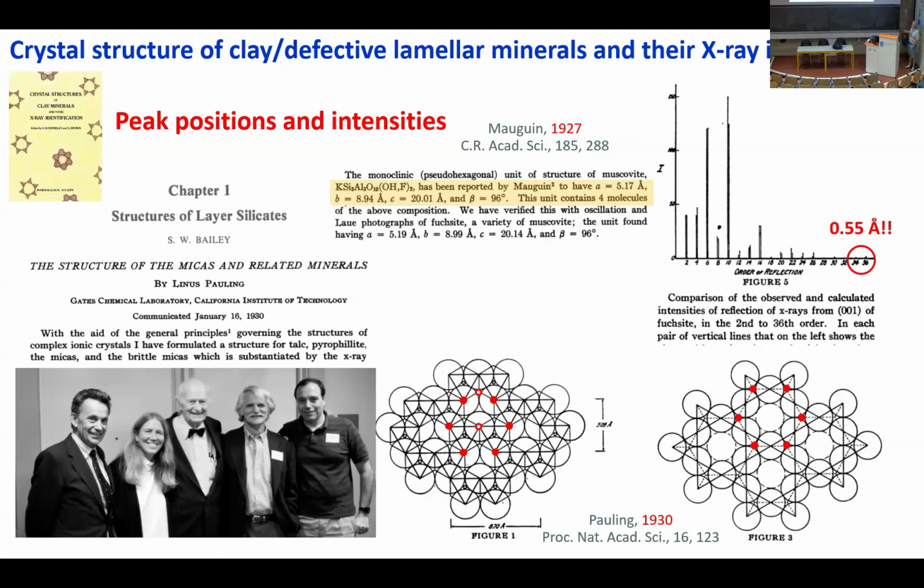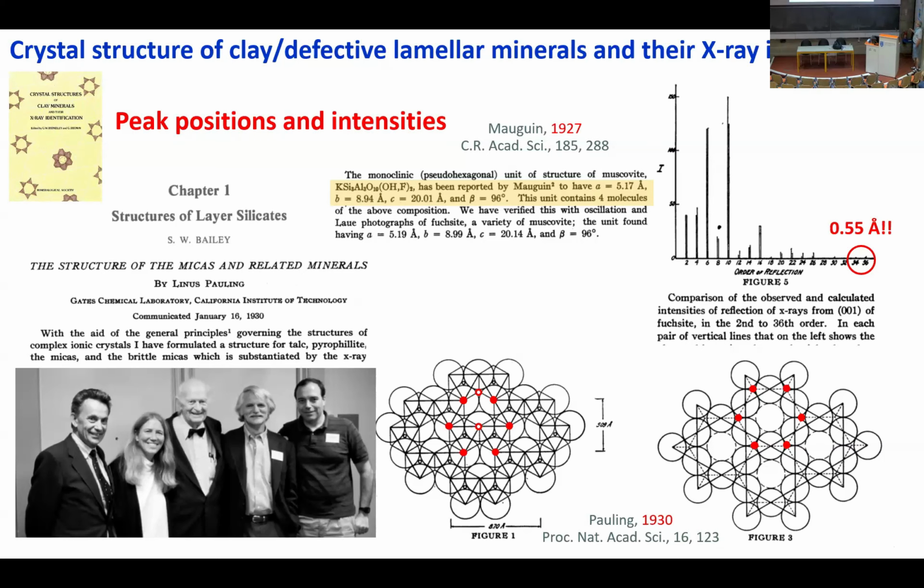This is from that specific book here, but this was used by Mauguin and by Linus Pauling a couple of years later to determine the structure, in this case of micas, a specific variety of muscovite.